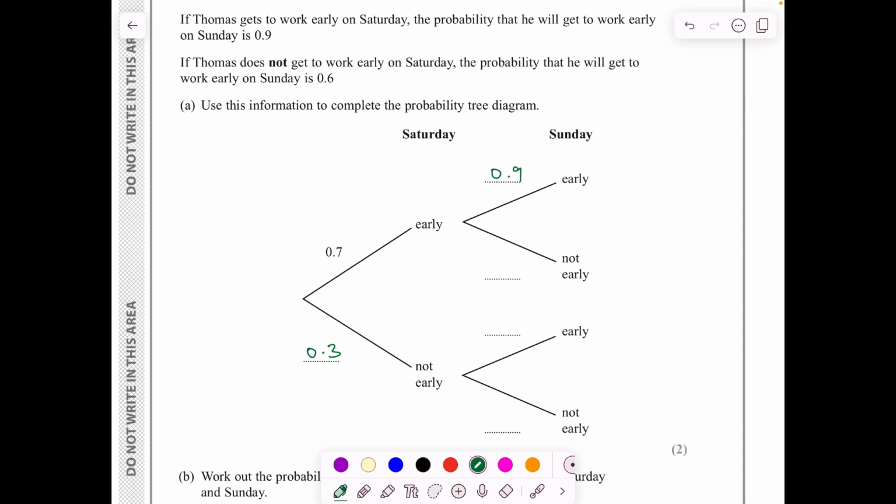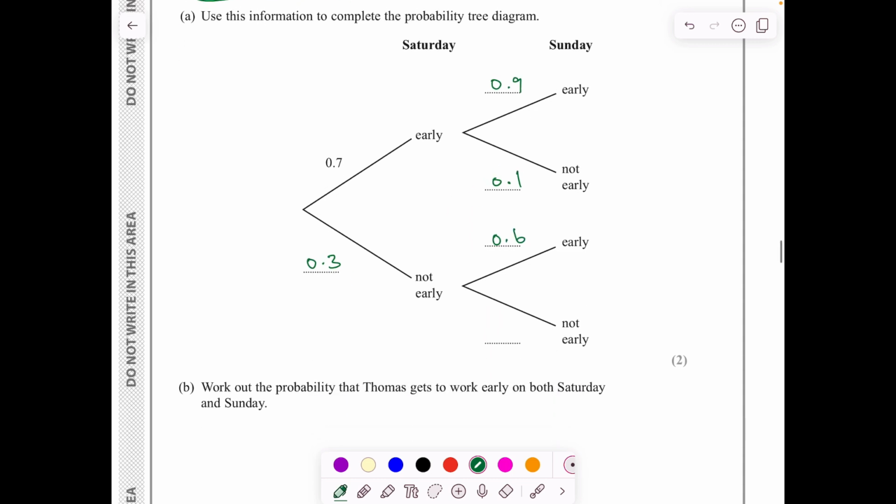And again, because we want it to add up to 1, the probability he does not get to work early on Sunday is 0.1. But instead of repeating that, the next sentence goes on to say, if Thomas does not get to work early on Saturday, the probability that he will get to work early on Sunday is 0.6. Again, because I want it to add up to 1, this will be 0.4.